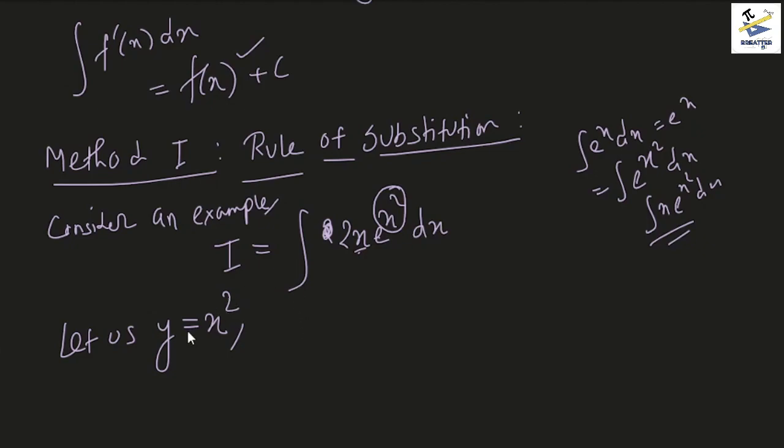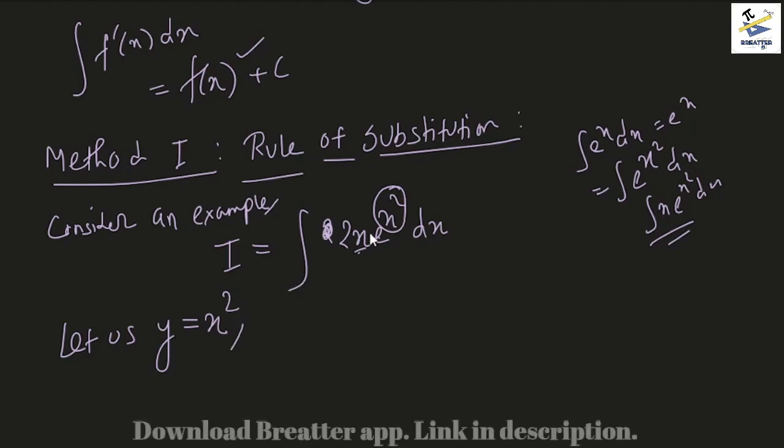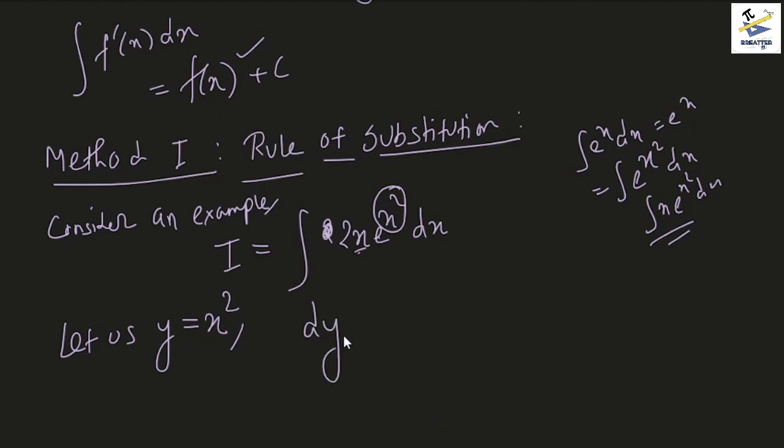Now only y equals x square would not give you an answer, because you cannot just substitute it as y. That is why we differentiate both sides to find dy by dx. So differentiate y in terms of x to find 2x, but then take this dx to the other side to find dy equals 2x dx, right?